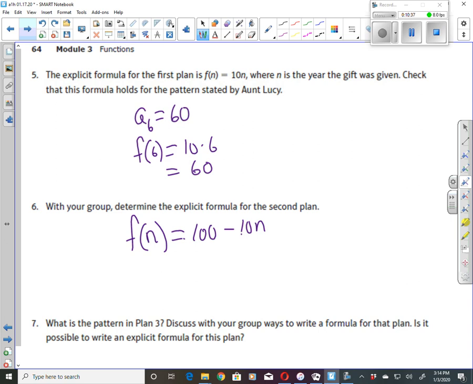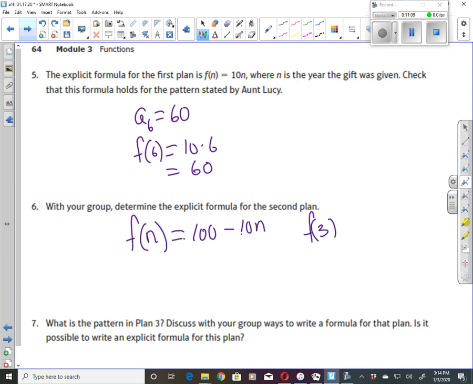Now, how does that work? If I plug in the first year, then I'm subtracting 10 and only getting 90. So this didn't quite work up to speed. So we're going to have to make adjustments. How do I do that? So let's play around with this a little bit. Let's say f of 3.